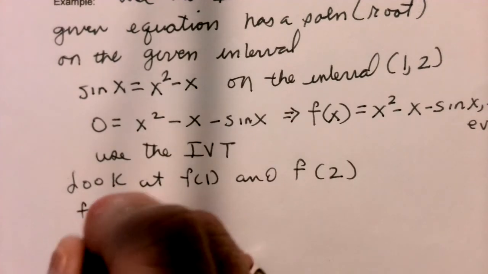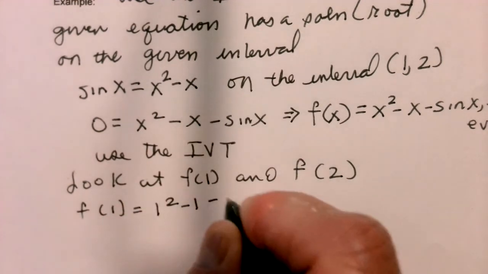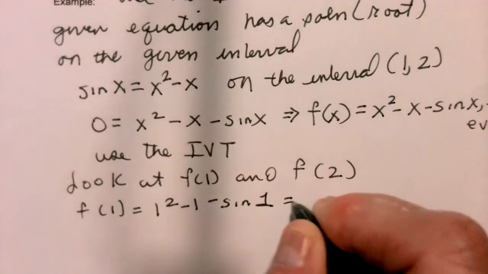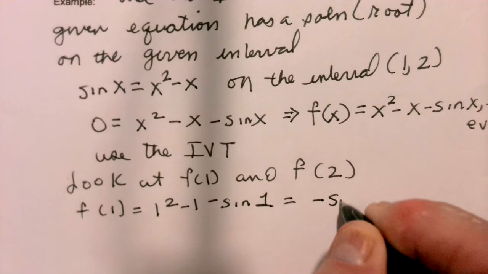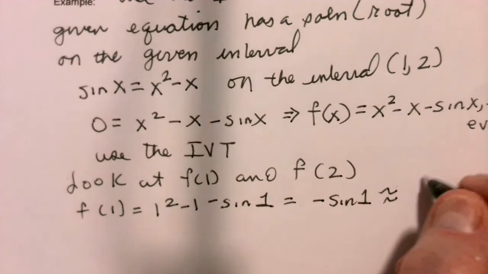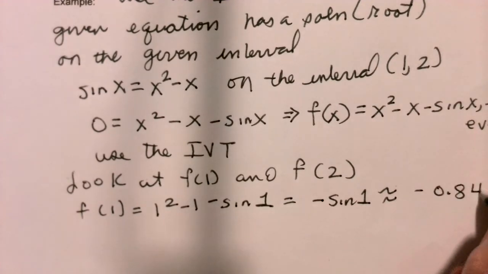So f of 1 is going to be 1 squared minus 1 minus the sine of 1, which equals minus the sine of 1. You could do this on your calculator using radian mode, of course, which gives negative 0.84, but really what we care about is that it's negative.